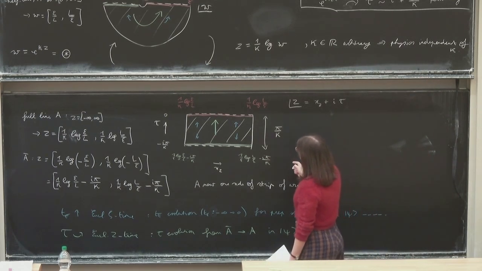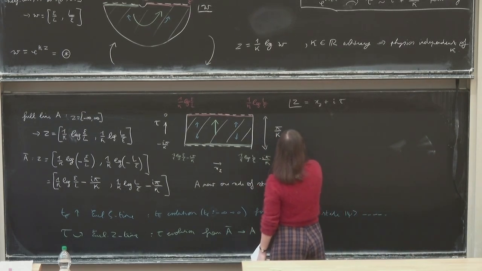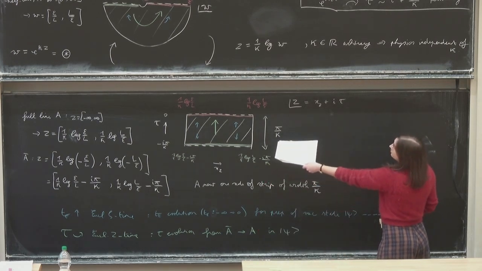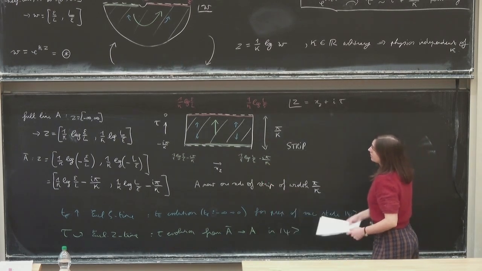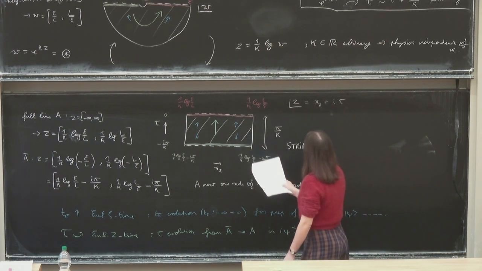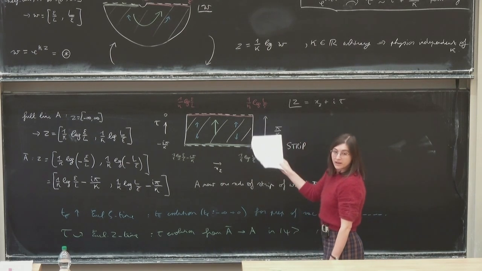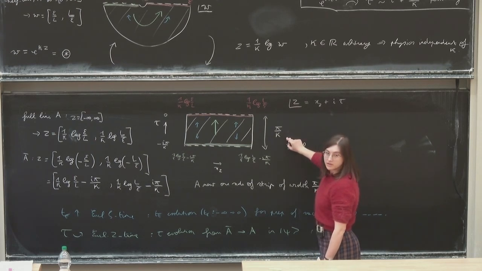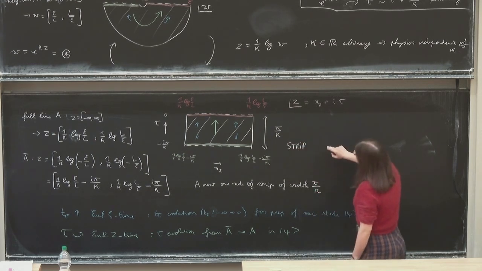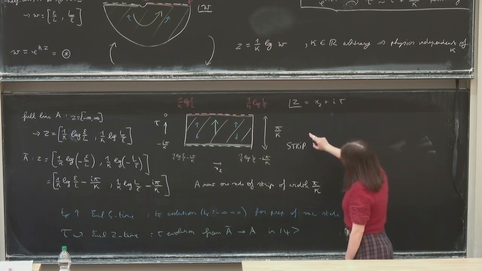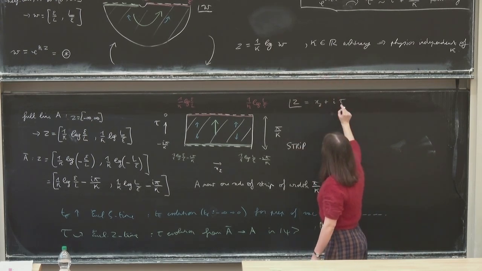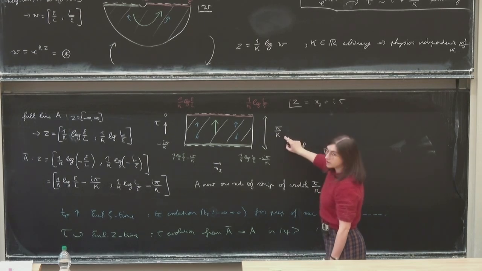So the way we drew this picture here on the lower board is as a strip, a strip of width pi over kappa. But now that we understand that this tau has a periodicity because of this exponential map, it's clear that tau has a periodicity of 2 pi over kappa.